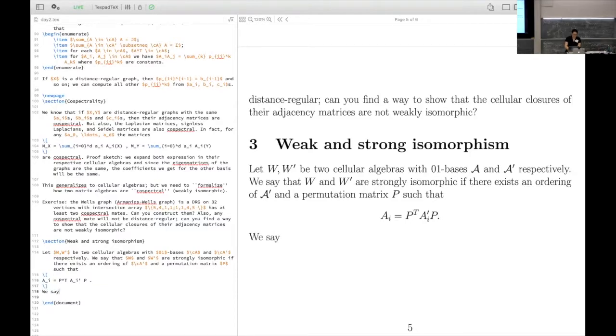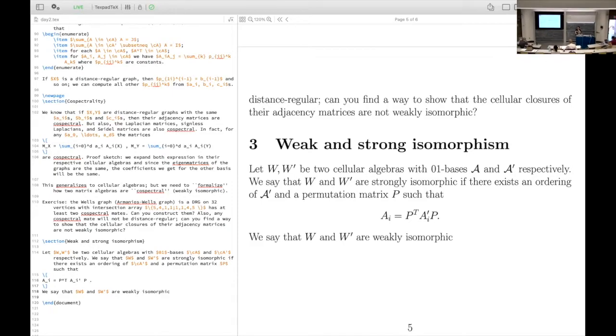Now we say that W and W prime are weakly isomorphic. So this is the thing that we want. This is our analog of cospectrality. So we're still going to need this ordering of the A prime.